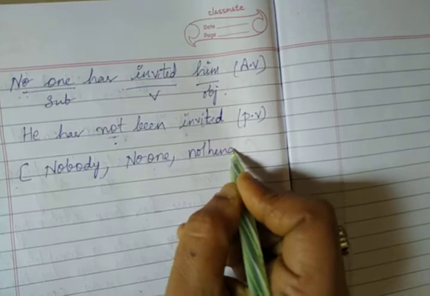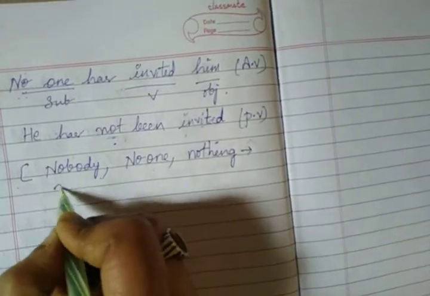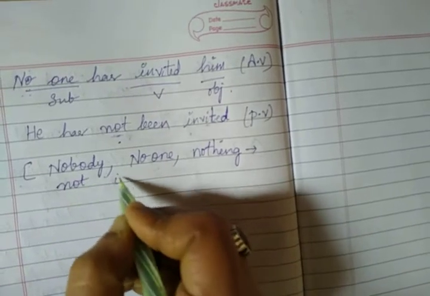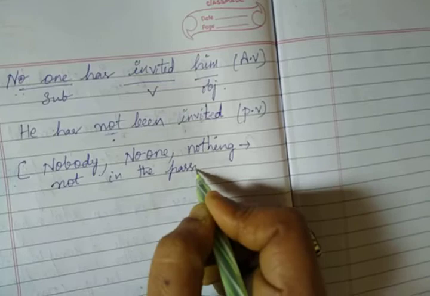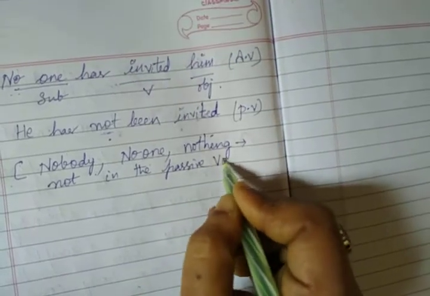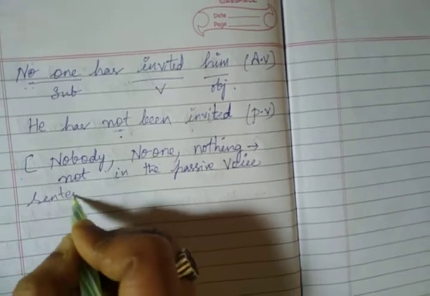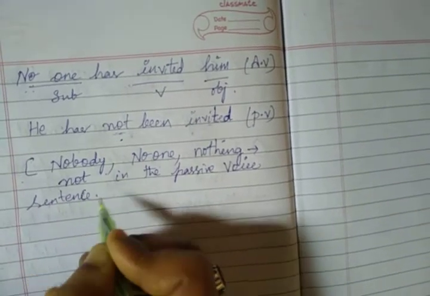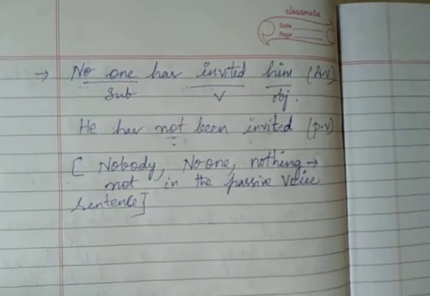These are negative forms, so use not in the passive voice sentence. Sentence. S-E-N-T-E-N-C-E.